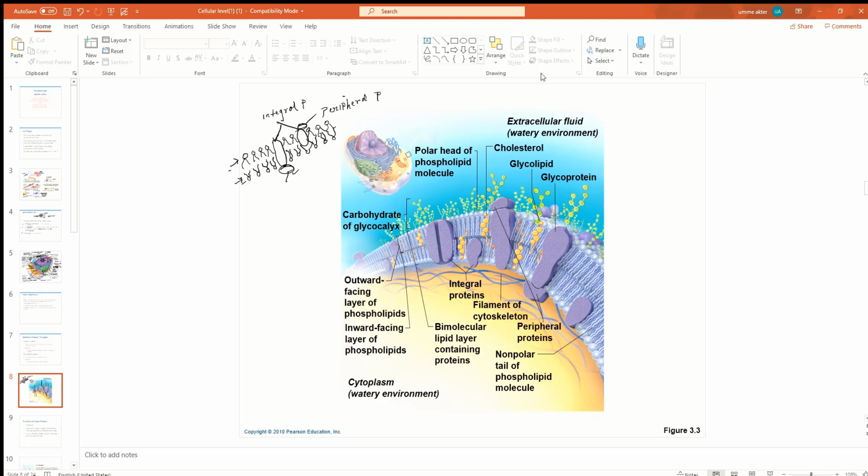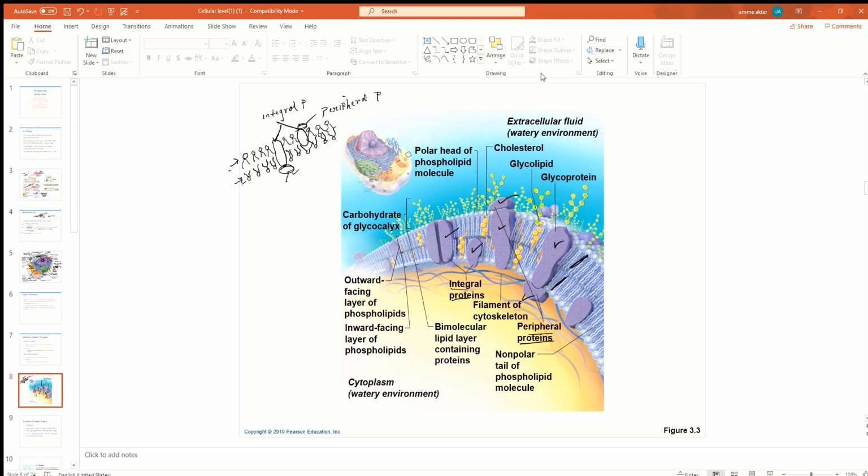Now you see here, this is one layer of phospholipid, this is another layer of phospholipid. And these are integral proteins, and these are peripheral proteins. Those are two main structures, phospholipid and proteins.